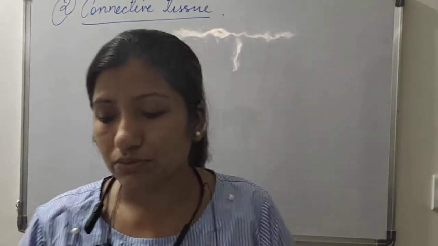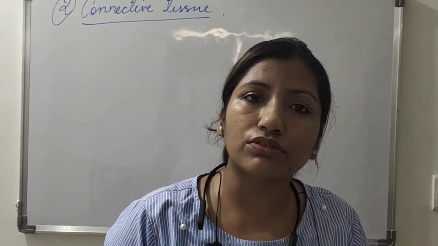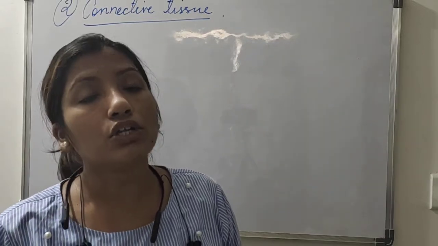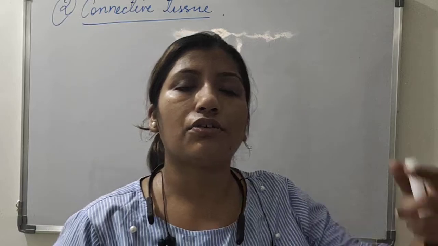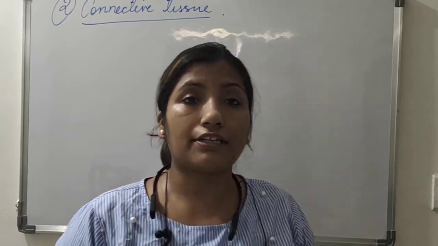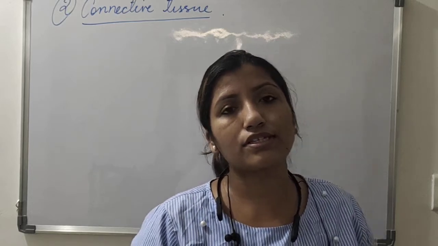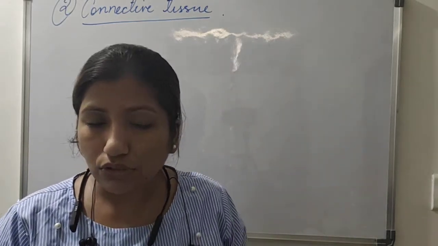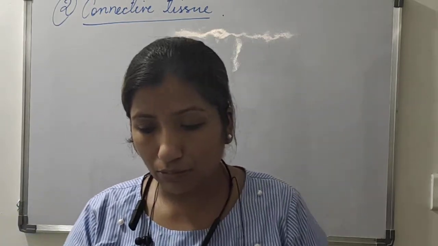Connective tissue is the most abundantly distributed tissue in the body. From head to toe, in every inch of our body, connective tissues are present. That's why they are called most abundantly distributed throughout the body.